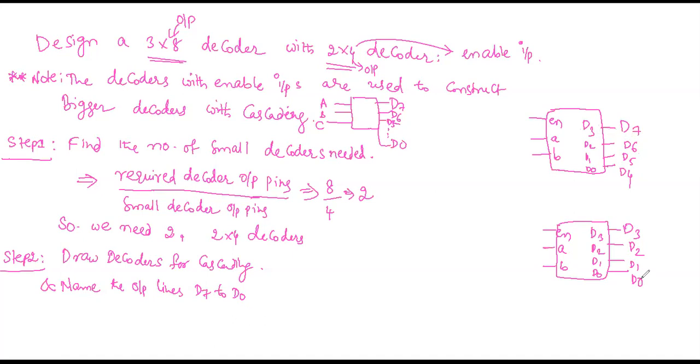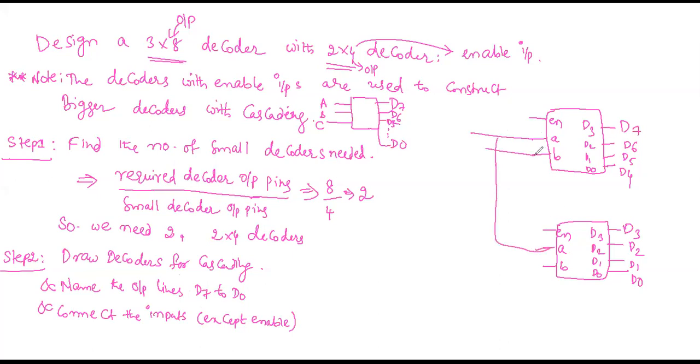After this, what you have to do is connect the inputs except enable. Connect A input.